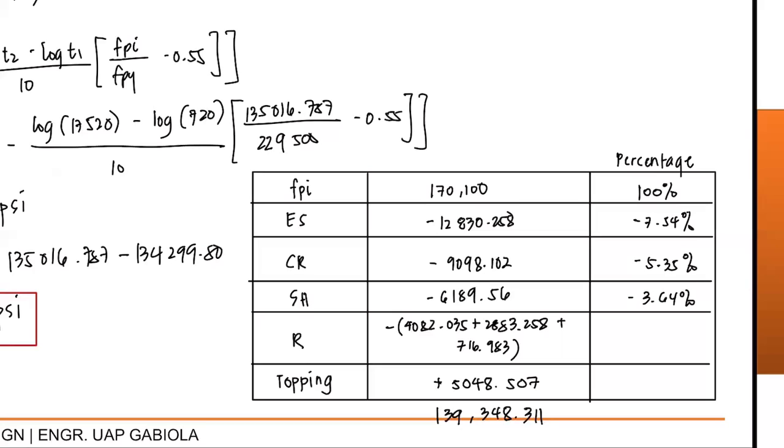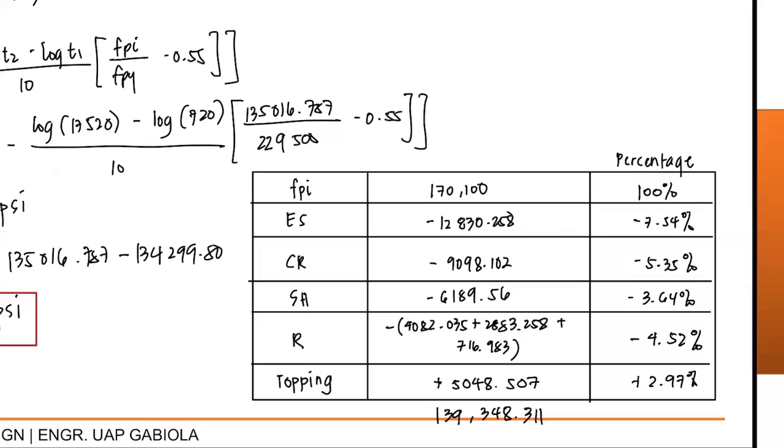So, 4082.035 plus 2883.258 plus 716.983. Let's divide by 170,100 times 100. That is negative 4.52%. Okay? Then itong 5048.507 over 170,100. That is 2.97.